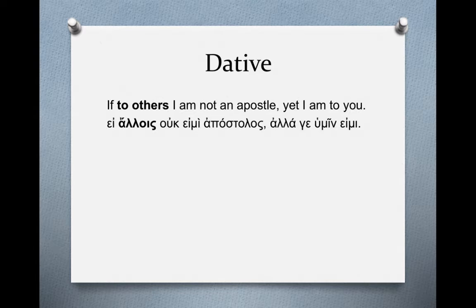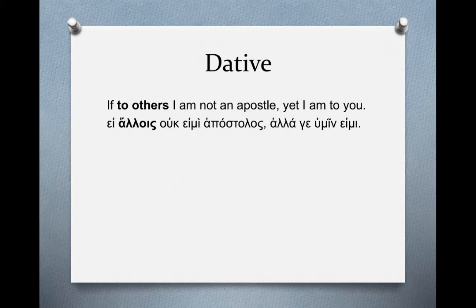Sometimes it will be another prepositional word like with or for, depending on the context. But here the key word to works really well, and we know that because of the ending. So, if to others I am not an apostle, yet I am to you.